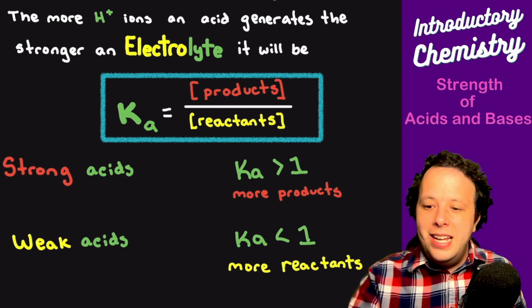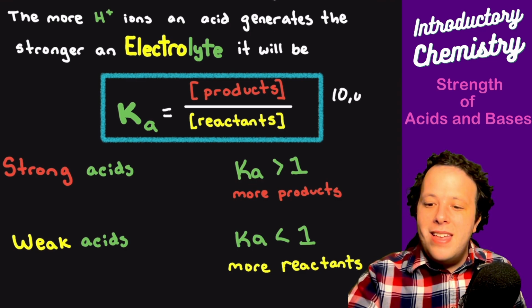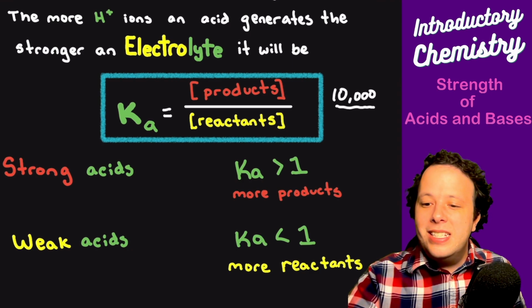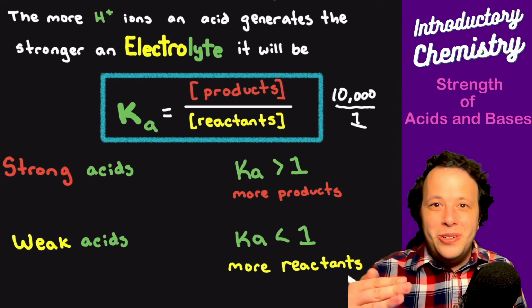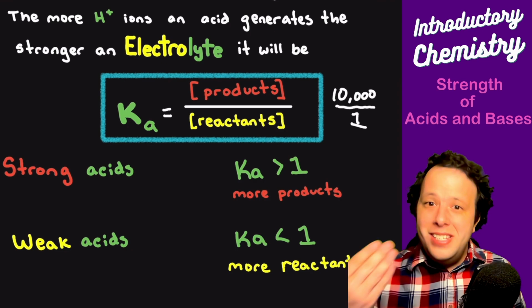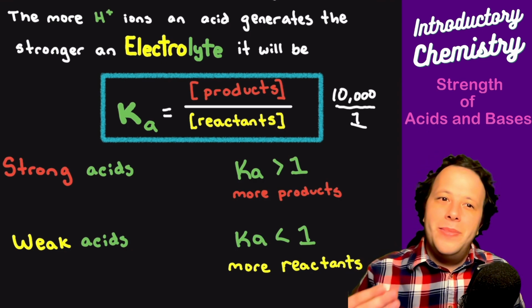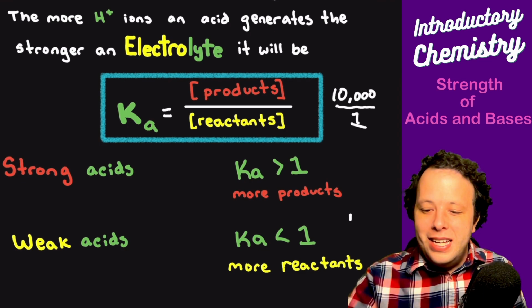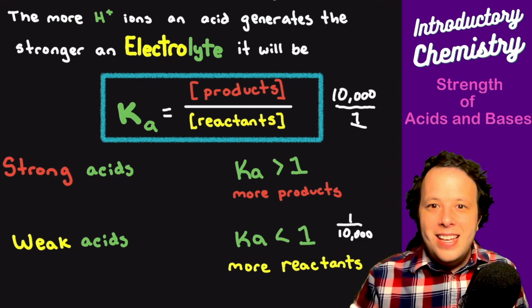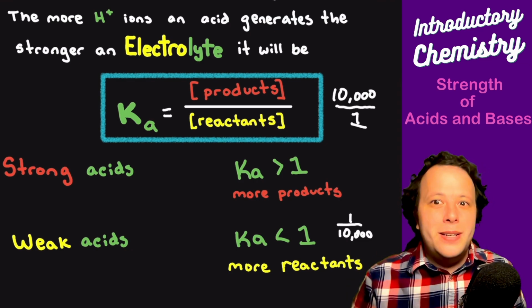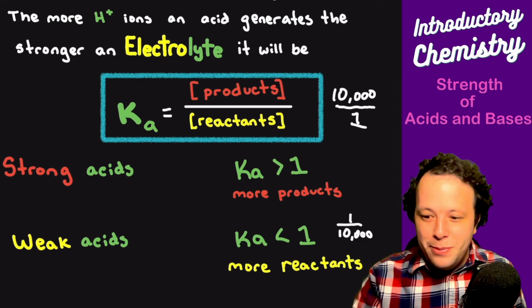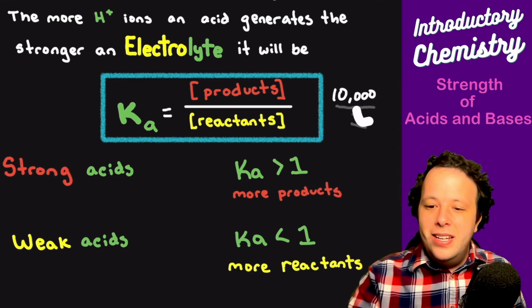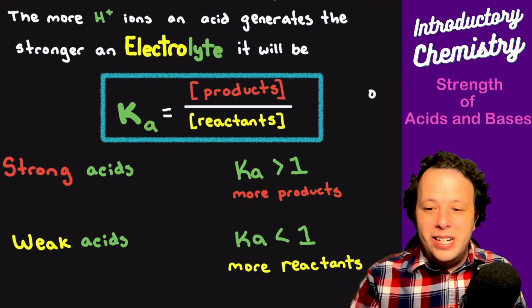It's kind of like saying, what is 10,000 ions compared to one molecule? So it's like 10,000 to 1. That's huge as a difference. Whereas with a weak acid, it's going to be the opposite. It's like saying we have one ion in solution and 10,000 molecules there. So what's 1 divided by 10,000? It's going to be a really small decimal value. It's all about the ratios of how we are looking at these.